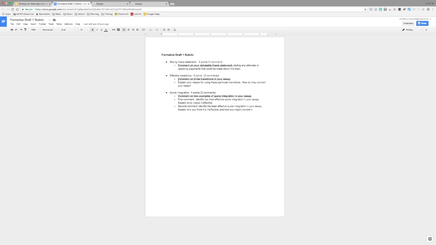I'm asking them to comment on 3 transitions in their essay and explain their reasoning for using them. So they're thinking about the way their ideas are connected and why they chose a transition to connect those ideas.